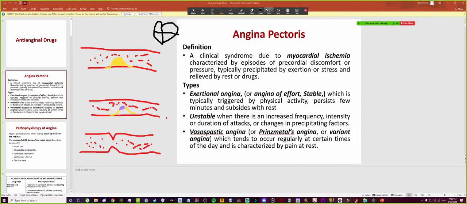Why oxygen? Because it needs oxygen for synthesis of ATP and aerobic metabolism, so it depends on oxidative phosphorylation. Usually, this is called myocardial oxygen demand. Okay? We've got oxygen demand.